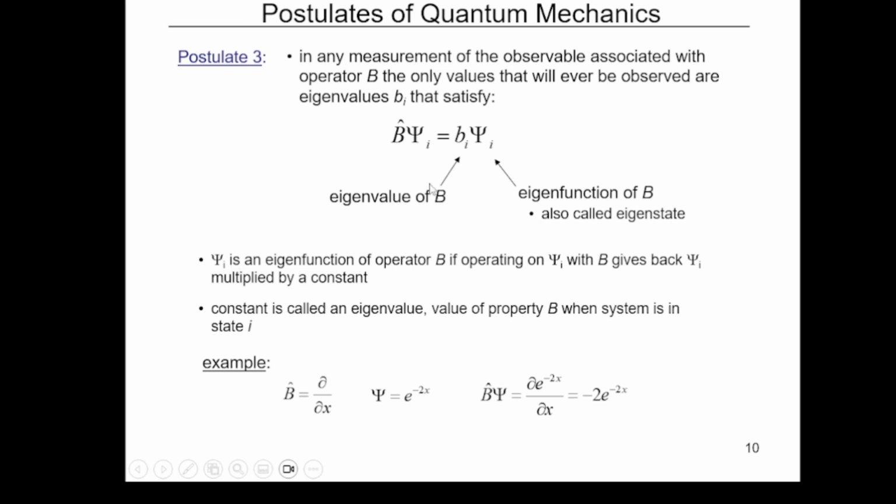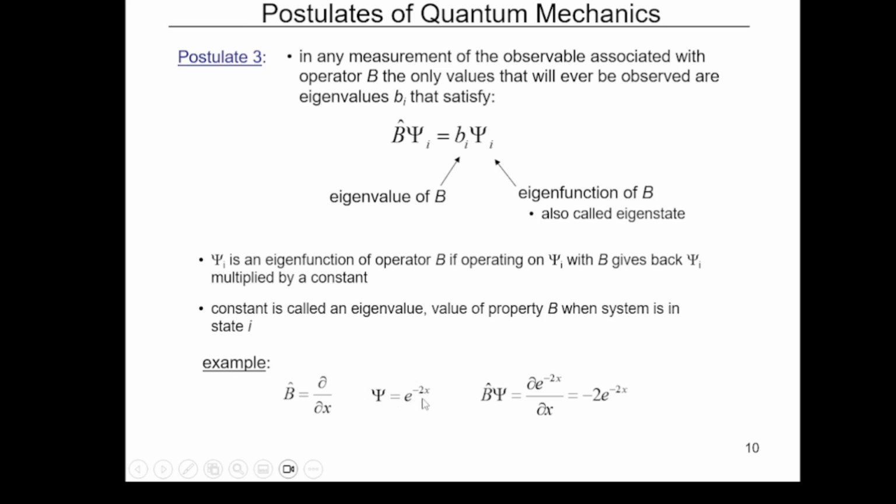Now, psi i is an eigenfunction of operator B if operating on psi i with B gives back psi i multiplied by a constant, that is the eigenvalue. The constant is called an eigenvalue, the value of property B when the system is in state i. So an example is shown here. Let's say the operator is a partial derivative, operating on this wave function, which is e to the power minus 2x.